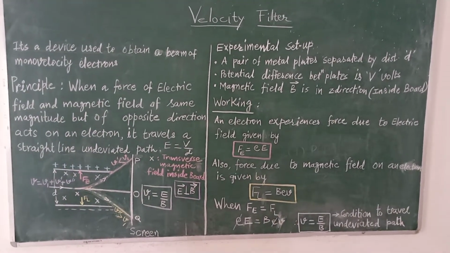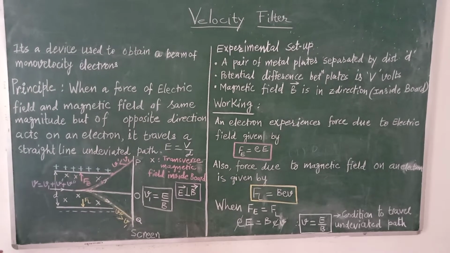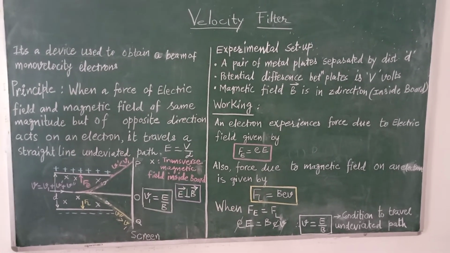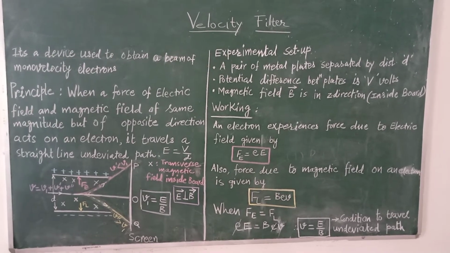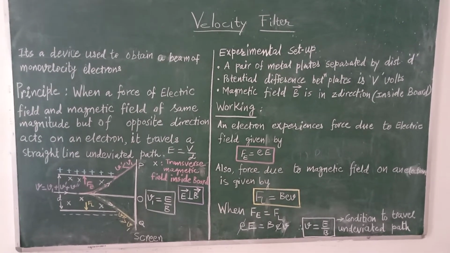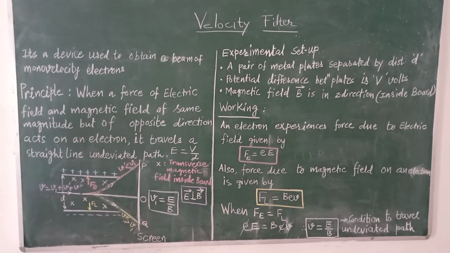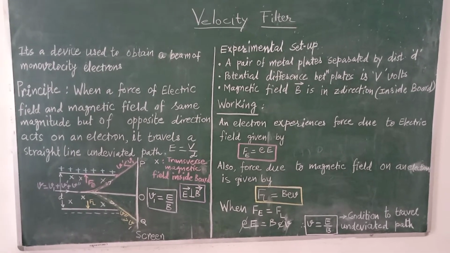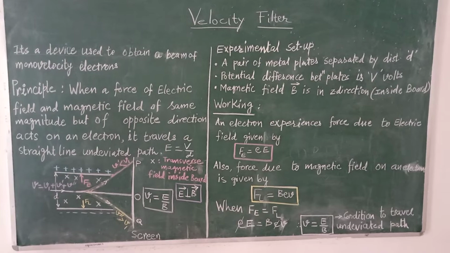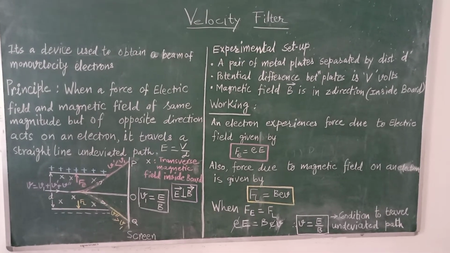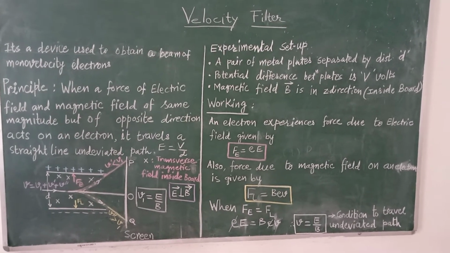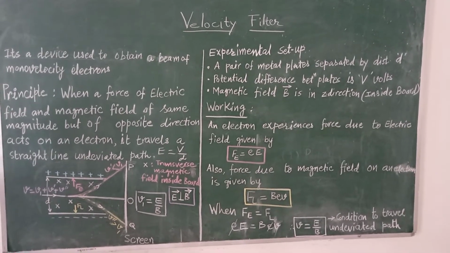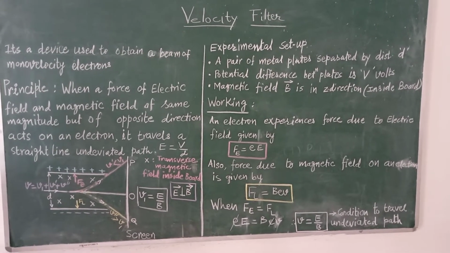In the same region, the magnetic field is applied in a direction perpendicular to the electric field. The magnetic field penetrates inside the plane of the board, and the direction of the velocity is perpendicular to it.